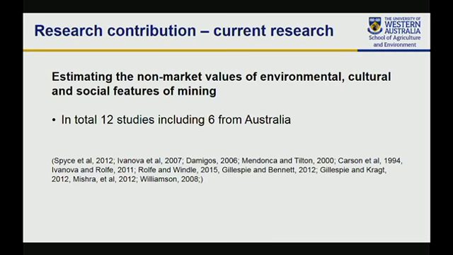These include Gillespie and Crack. Did I pronounce that right? No. Sorry. Marett and Gillespie and Bennett. So they were both undertaken in 2012. So both studies require trade-offs between positive and negative impacts, as well as environmental and social impacts.